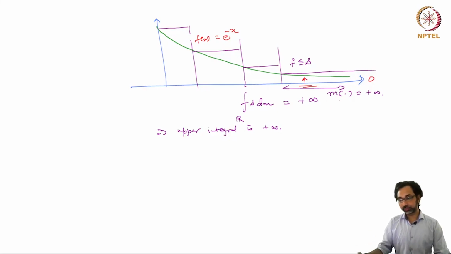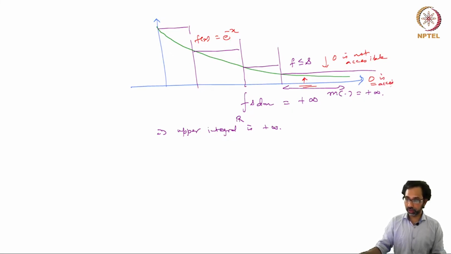Here this function was strictly positive, so when you approximate from above, 0 is not accessible, but when you approximate from below, 0 is accessible.